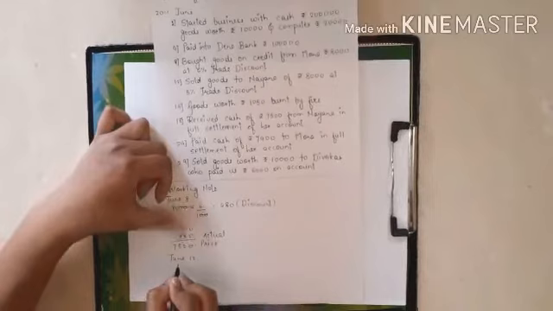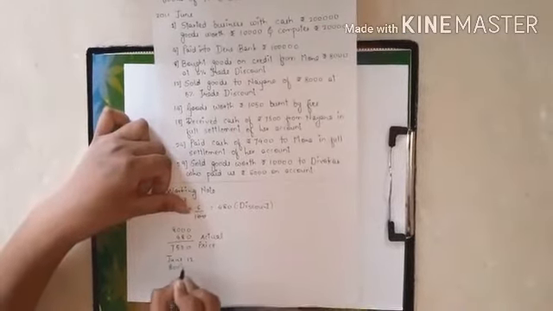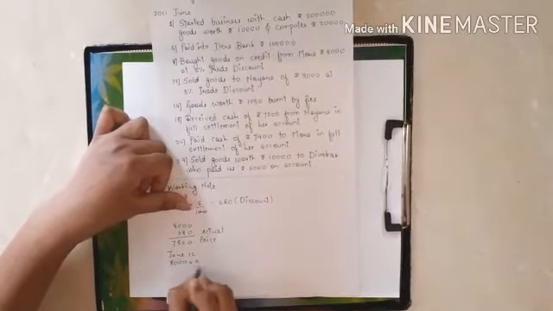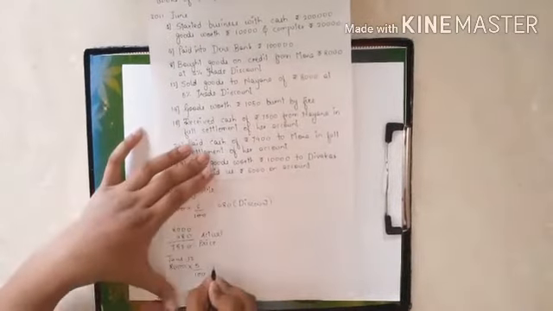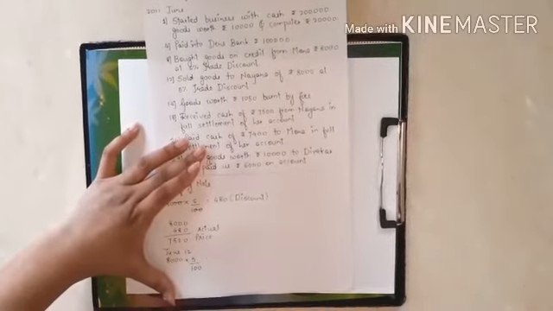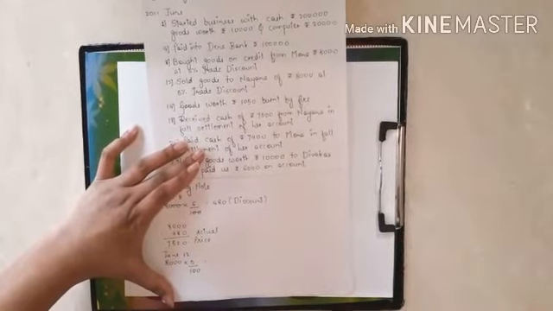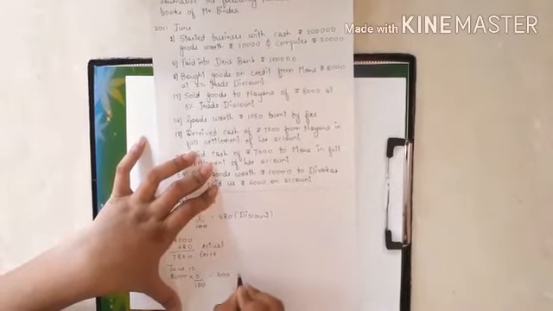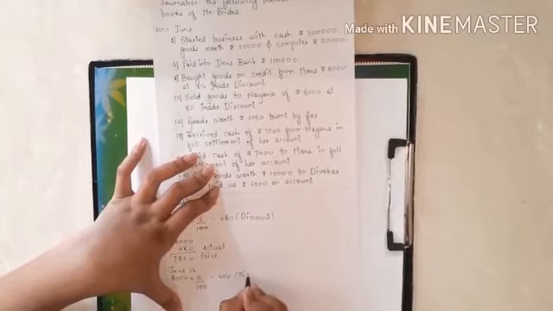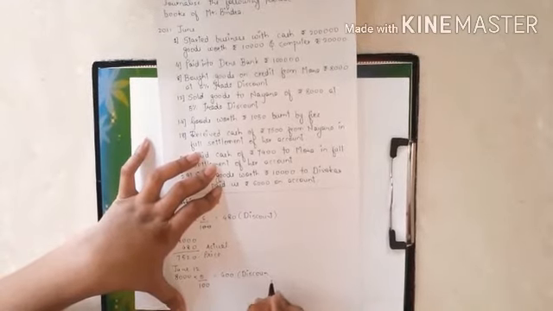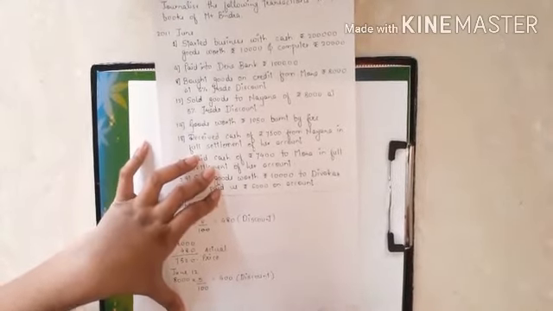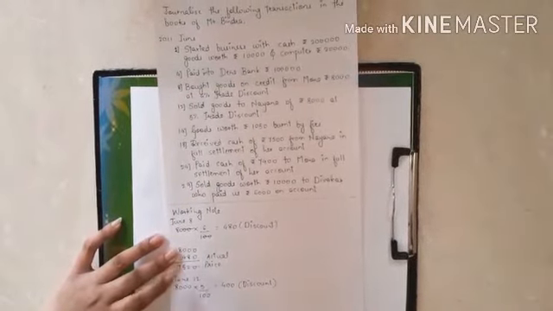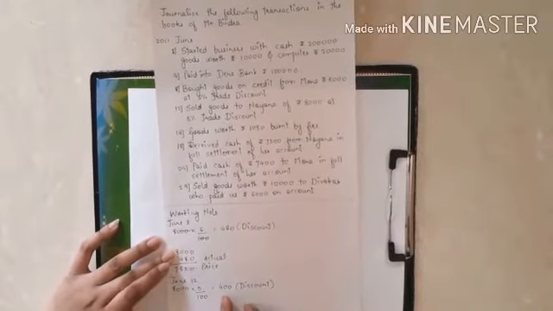What is the actual price? 8,000. The percentage of the discount allowed is 5% divided by 100. So calculated, 5% is 400. So 400 rupees discount is being allowed to Naina. Okay. Now this is the total discount. But from the actual price we have to deduct the discount.